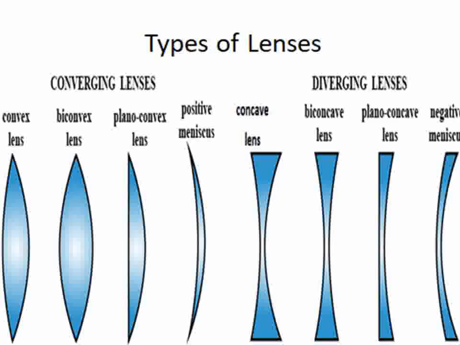The word concave shows that it is thin in the middle and thick at the periphery or circumference. And last is the convexo-concave lens, where the concave word is at the last. It shows it is thin in the middle and thick at the periphery. In this way, convex and concave lenses are divided further.